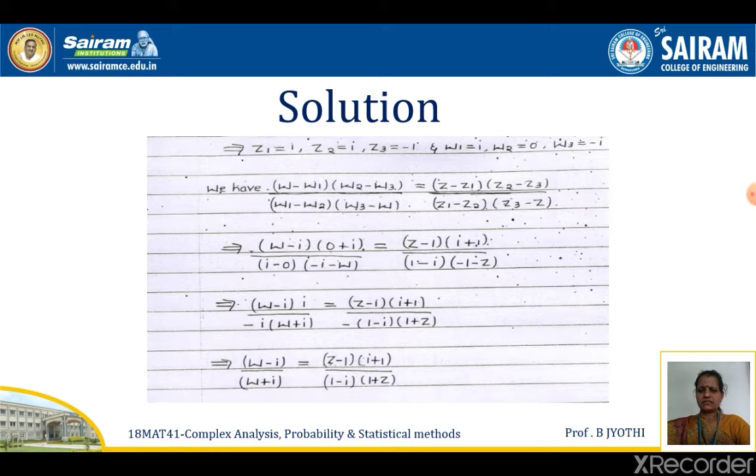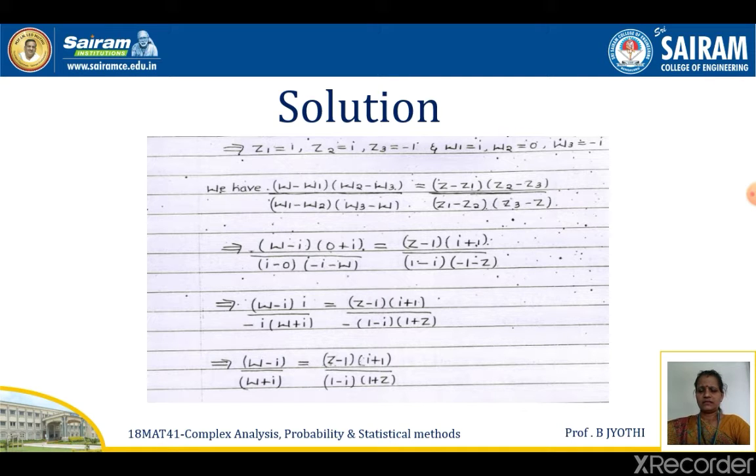Then we get (W minus i)(0 plus i) divided by (i minus 0)(minus i minus W). That gives us (Z minus 1)(i plus 1) divided by (1 minus i)(minus 1 minus Z).